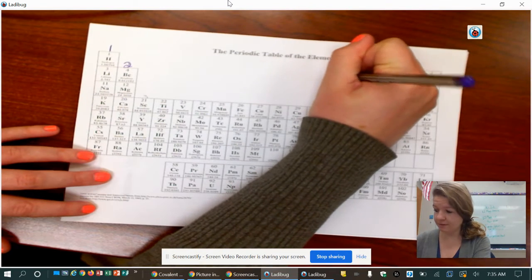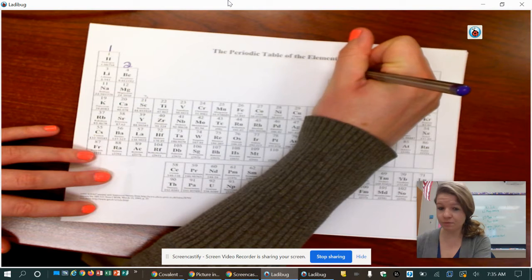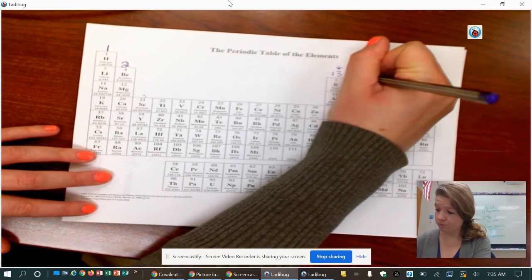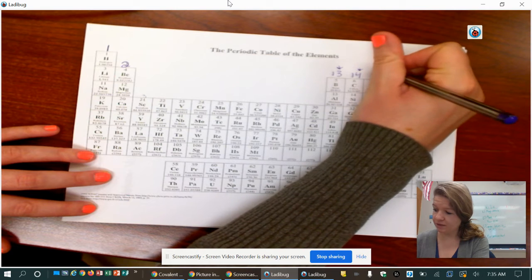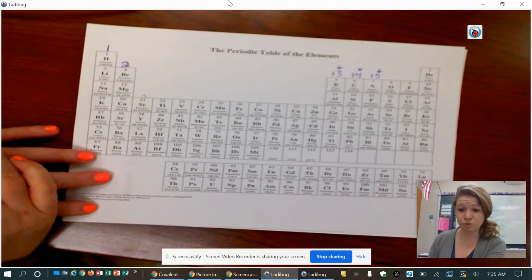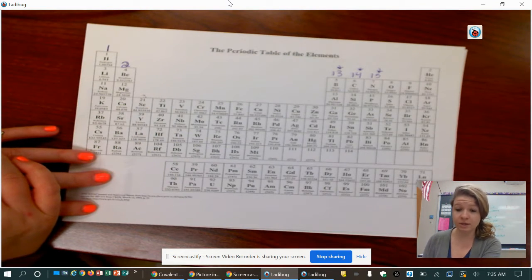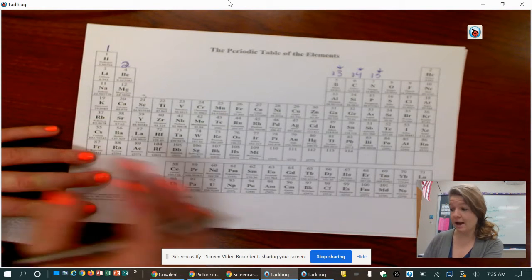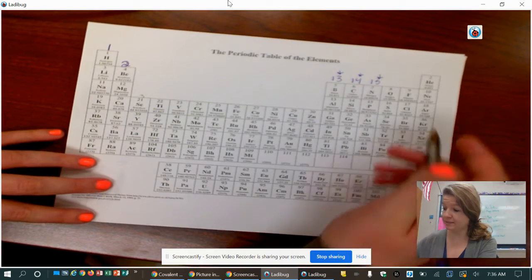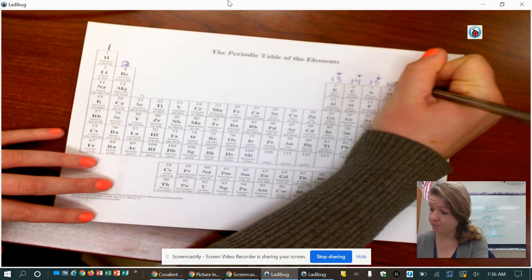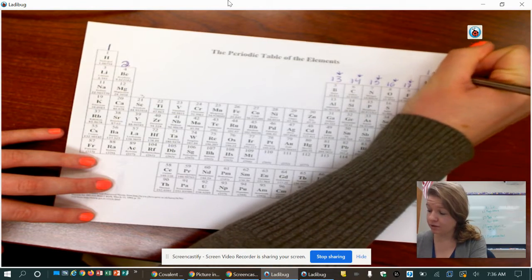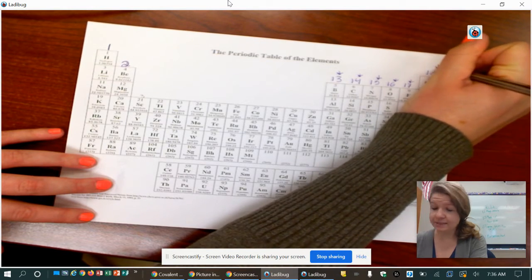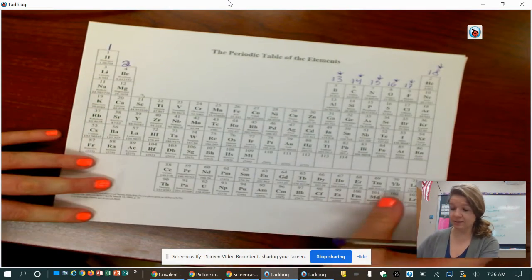Group 13 has 3 valence electrons. Group 14, 4. Group 15, 5. Remember, when we zoomed in class on Tuesday, we all should have already done this to our periodic table to let us know how many valence electrons each group has. Group 16 has 6, 17 has 7, and over here on our noble gases, 18 has 8 valence electrons.